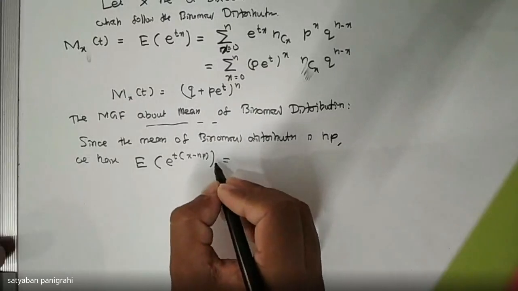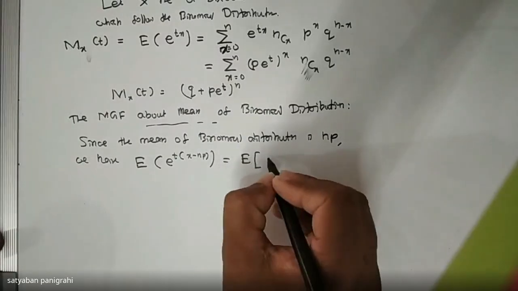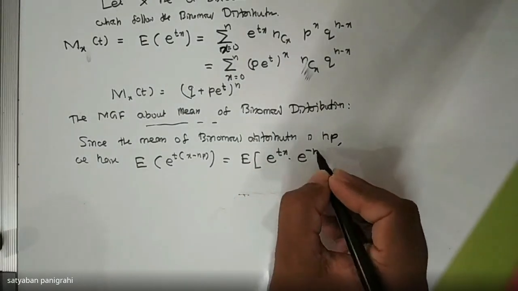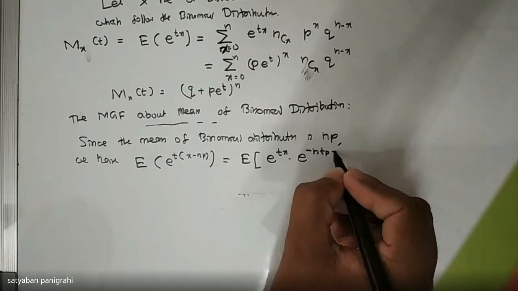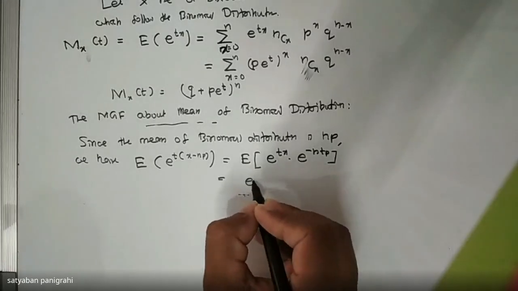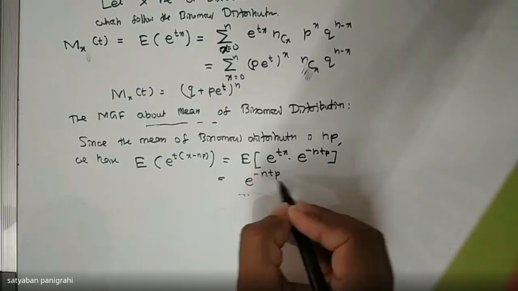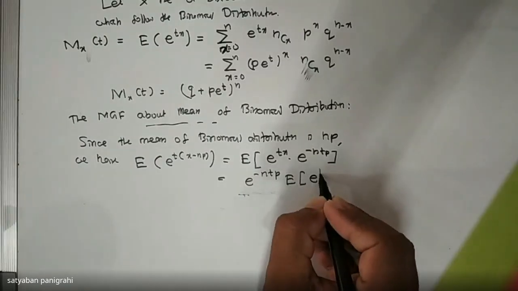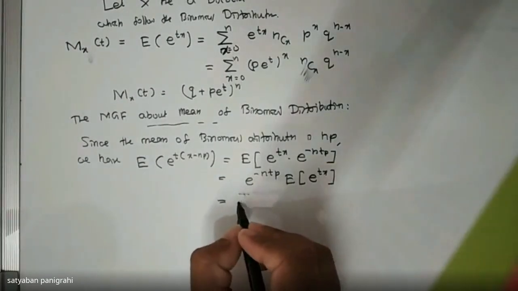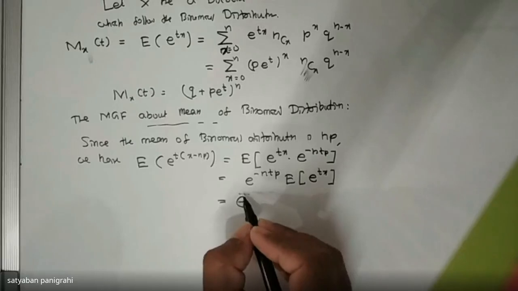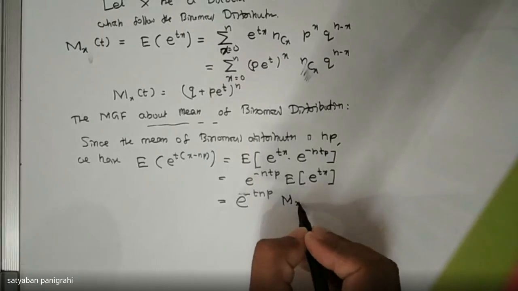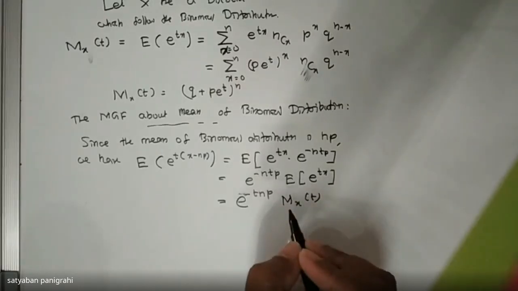This will be equal to the expectation value of e to the power tX into e to the power minus tnp. Now you can take e to the power minus tnp outside, and this gives the expectation of e to the power tX, which is nothing but your M_X(t).